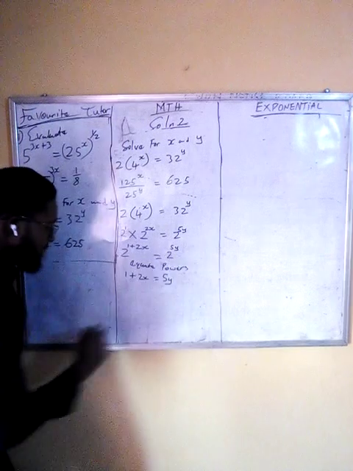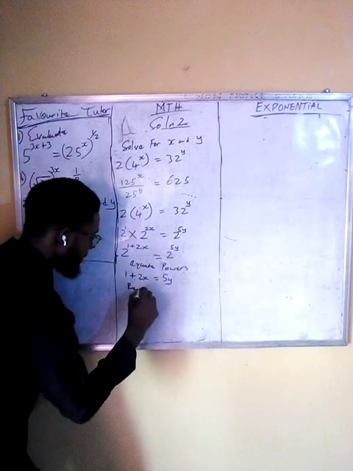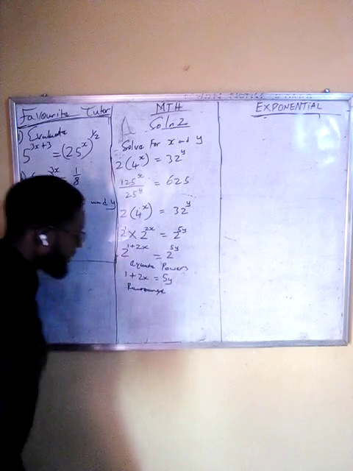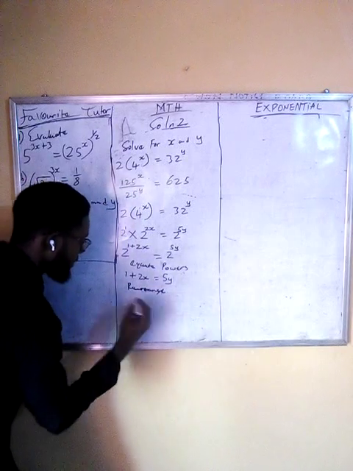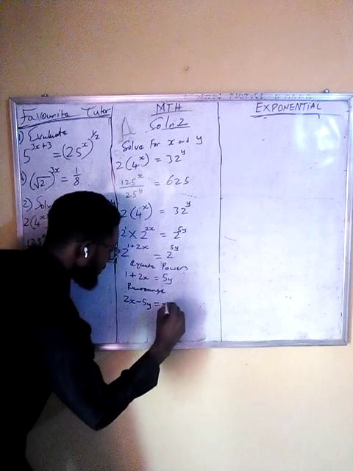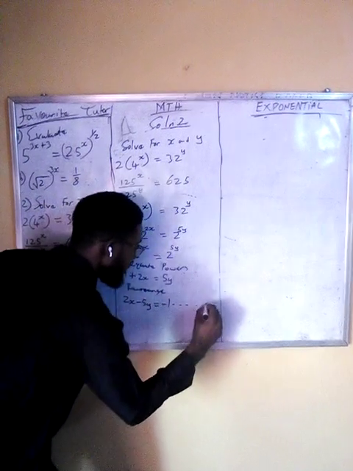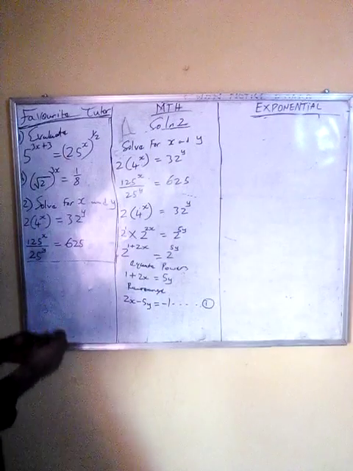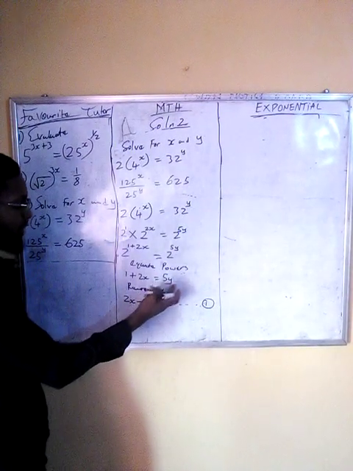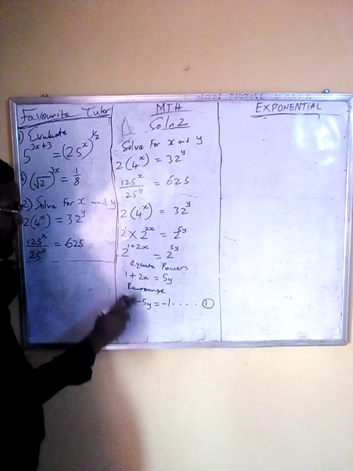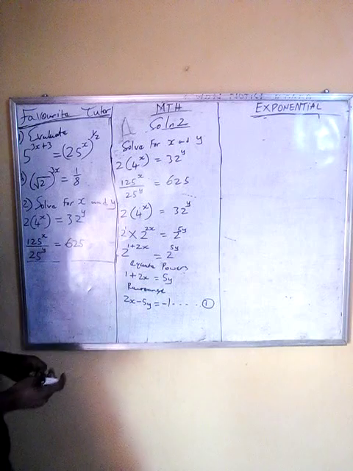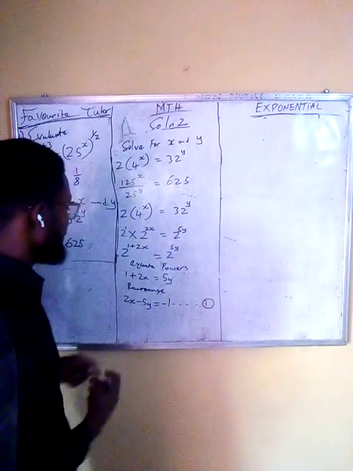Let us rearrange it: 2x minus 5y equals minus 1. We call this equation 1. We just rearrange it: 5y, take it to the other side, it changes to negative, and 1 taken to the other side changes to negative.